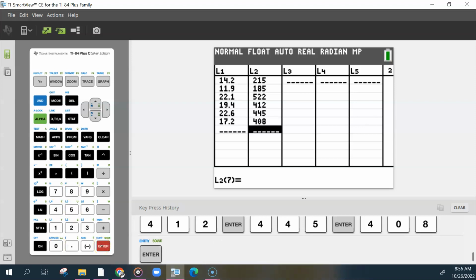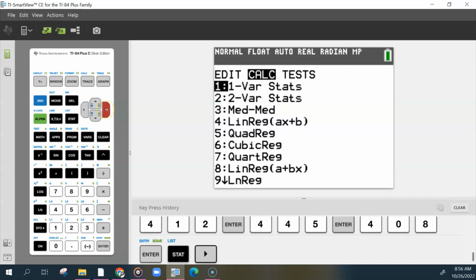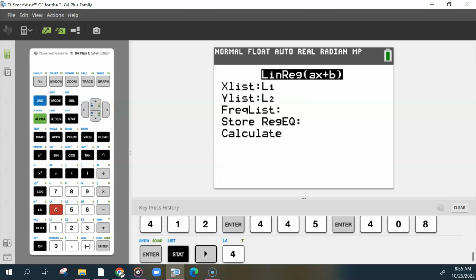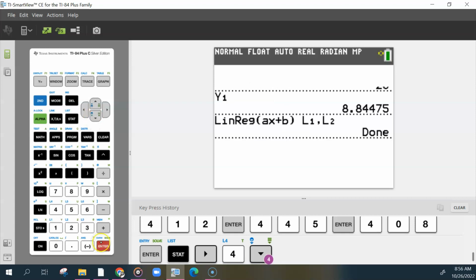So you would go back to your stat, edit, put all that data in, use your instructions, go back to stat, scroll over to calculate number 4, store regression equation. Actually, in this case, you don't even really have to do that because you just need the equation.